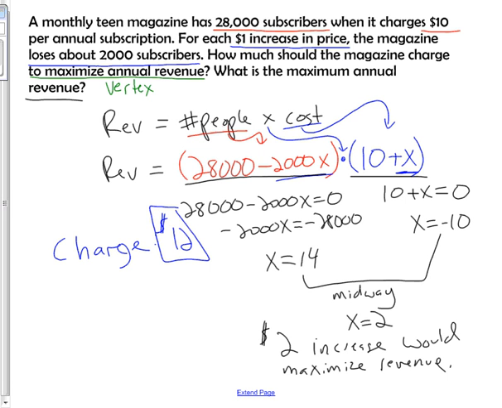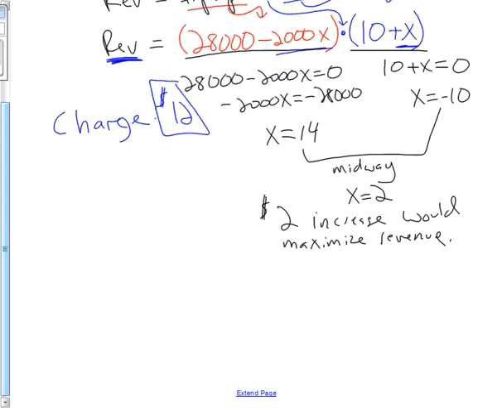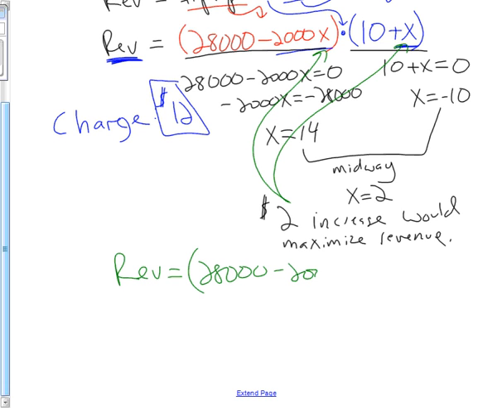And then to find the actual revenue, well, revenue is the y value of the vertex. The x was the increase, and the y is the revenue. So we'll just plug the x back into the equation and calculate y. Again, our x was the 2. So we have revenue equals 28,000 minus 2,000 times 2, times 10 plus 2.